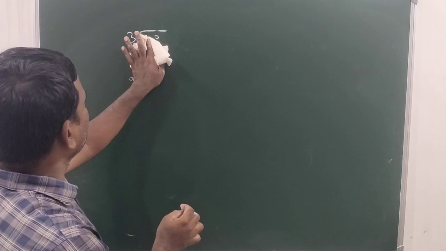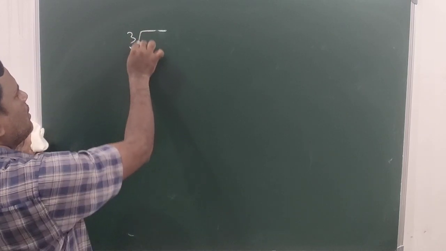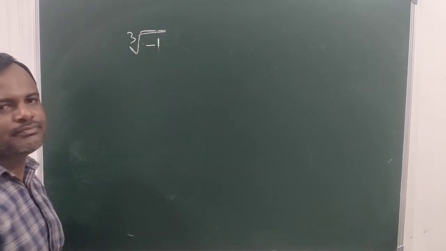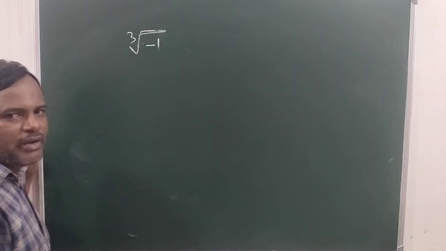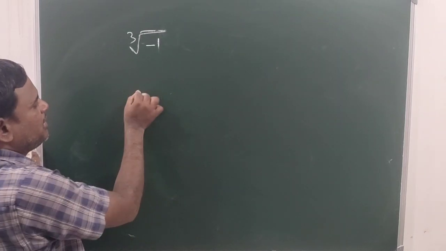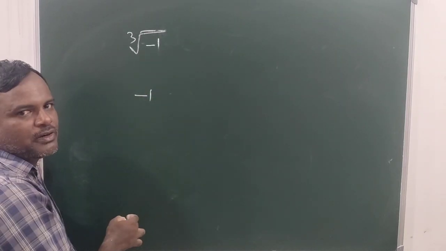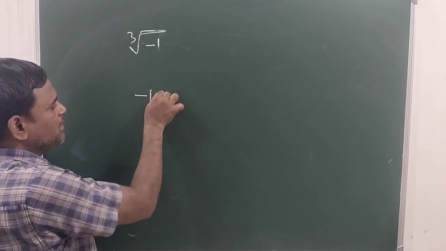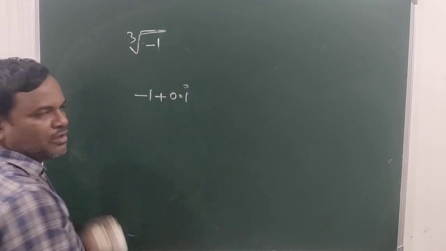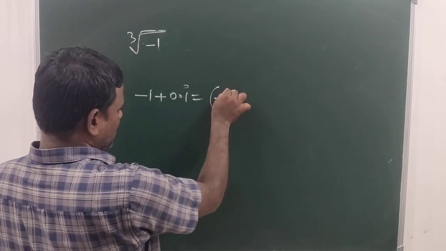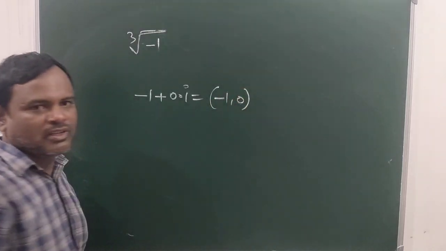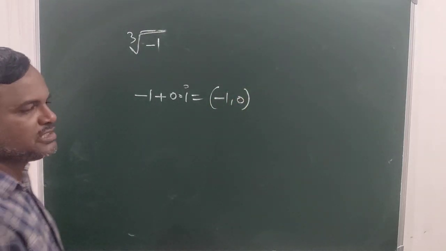Here it is better to take the cube root of minus 1. Here there is no imaginary part, so minus 1 plus 0i. On the Argand plane, it lies on the negative portion of the x-axis.